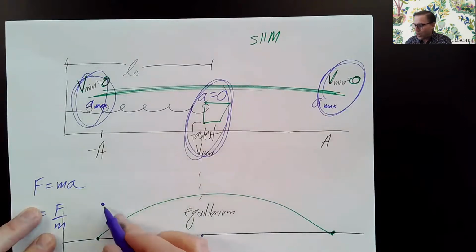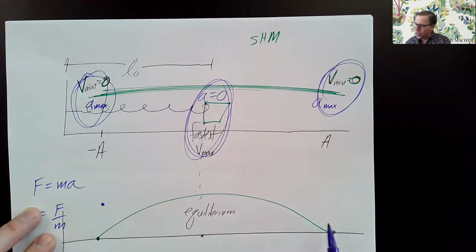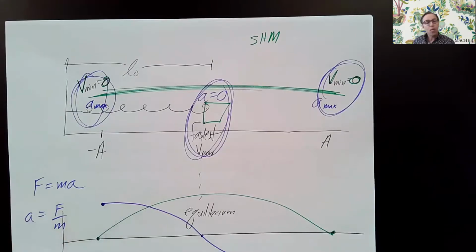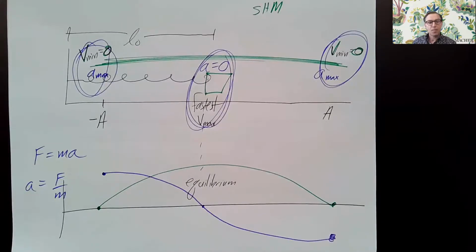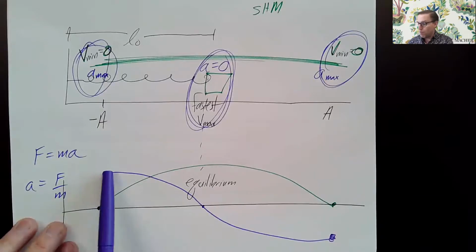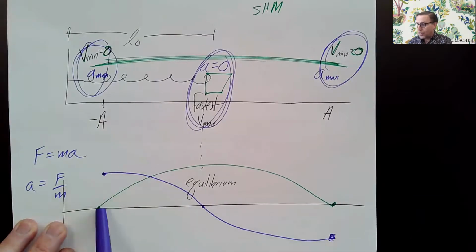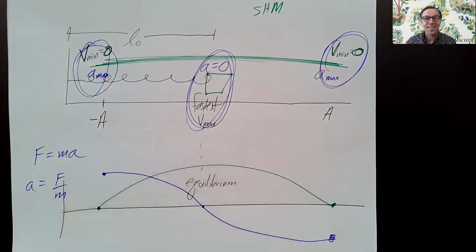So I could just draw a line there, but because of this curviness, maybe I should have a shape kind of like this. And what you might notice at this moment is that this purple graph looks like a cosine, and this green graph is looking like a sine. We will come back to that more throughout this chapter.